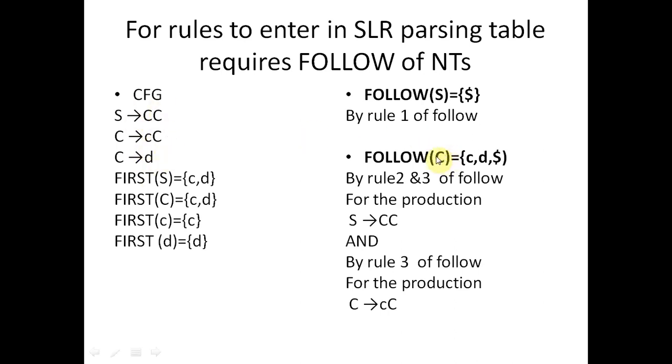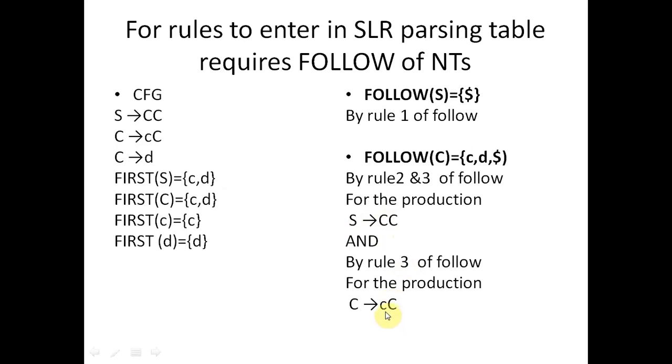For follow of C, rule number 1 is not applicable because C is not the start symbol, and rules 2 and 3 are applicable because C appears on the right-hand side in two places. By applying the second and third rule, for alpha B beta, alpha is null, B is capital C and beta is capital C. Next time, for alpha B beta, beta is null, so everything in follow of S can be taken here.